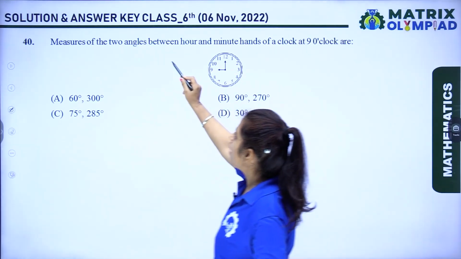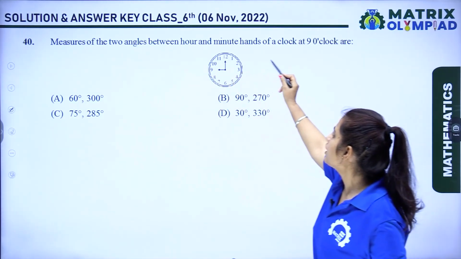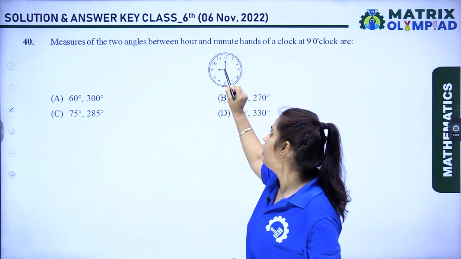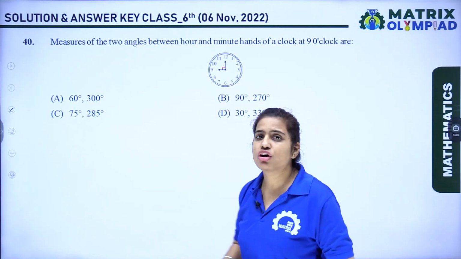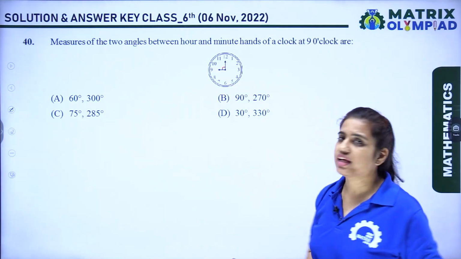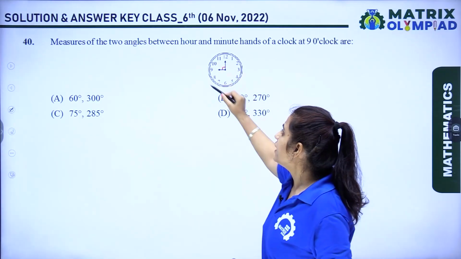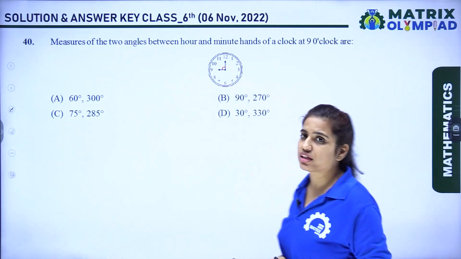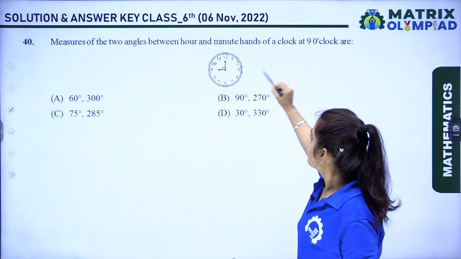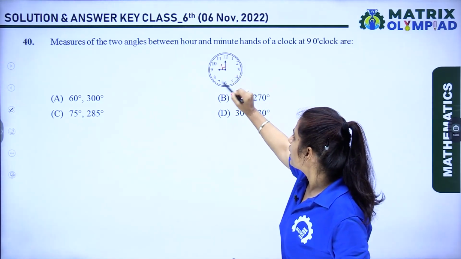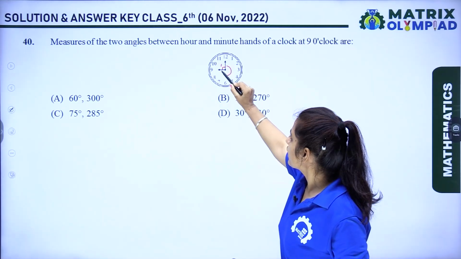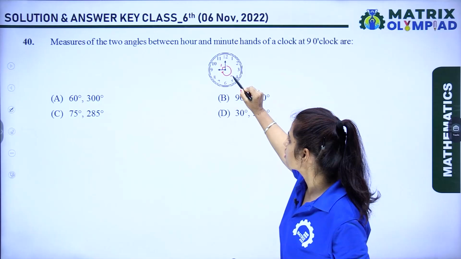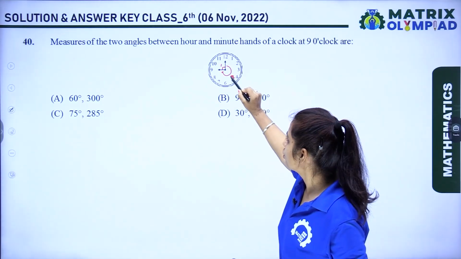Measure of the two angles between hour and minute hands of a clock at 9 o'clock are. Here we can see that at 9 o'clock we are getting a 90-degree angle and a complete angle is equal to 360 degree. So here let it be angle 1 and the outside angle which is a reflex angle is angle 2.